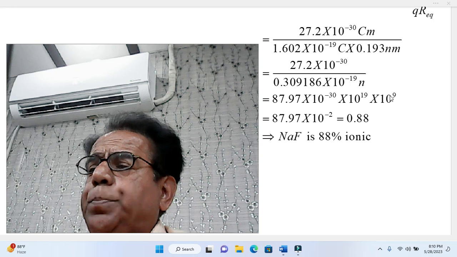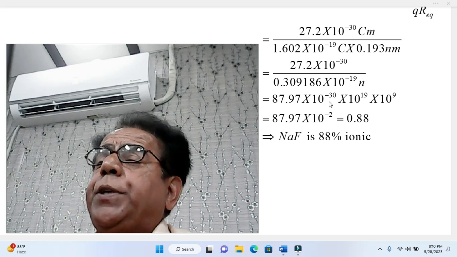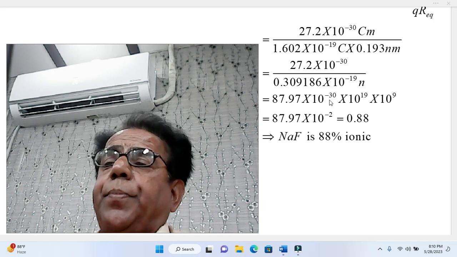So 10 raised to the power 28 and then 10 raised to the power minus 30, which means 10 raised to the power minus 2 will prevail.